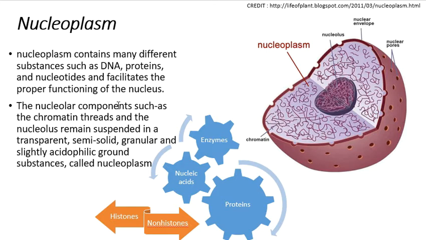It is also called karyolymph. It is composed mainly of nuclear proteins and also contains other organic and inorganic substances, for example nucleic acids, proteins, enzymes and minerals. The most common nucleic acids of the nucleoplasm are DNA and RNA.